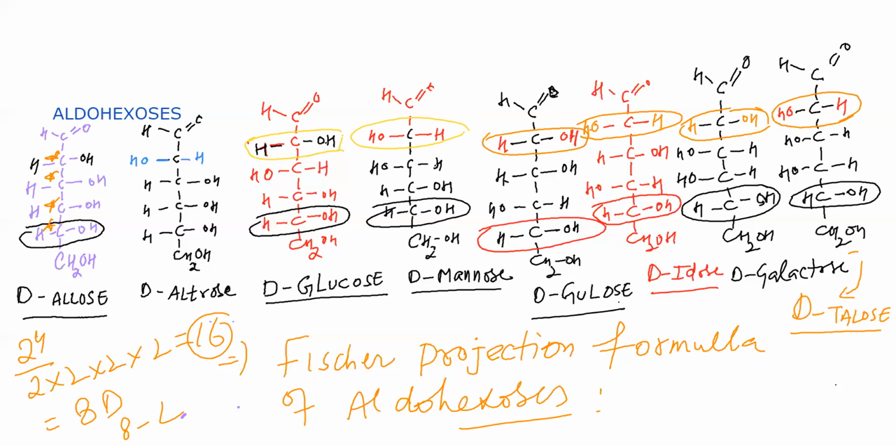Now if we take the structure of glucose, again I will draw it. 1, 2, 3, 4, 5, and 6. And this is glucose.